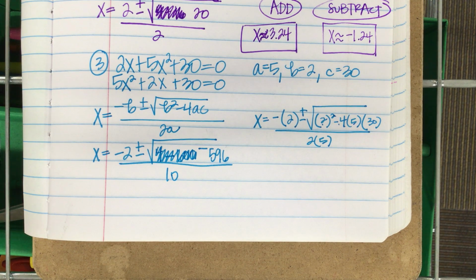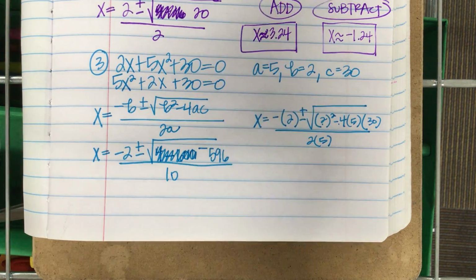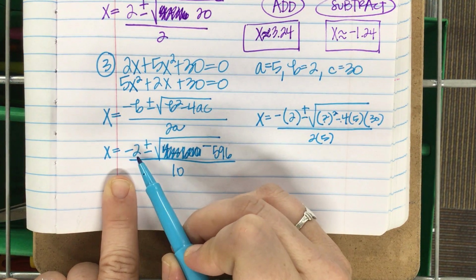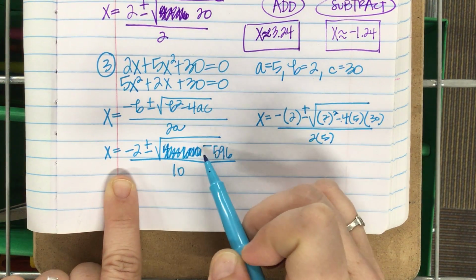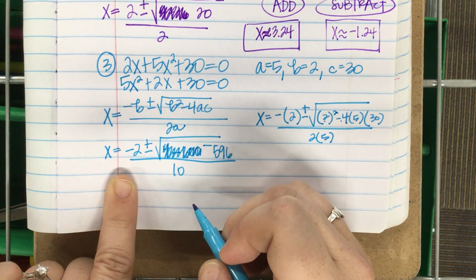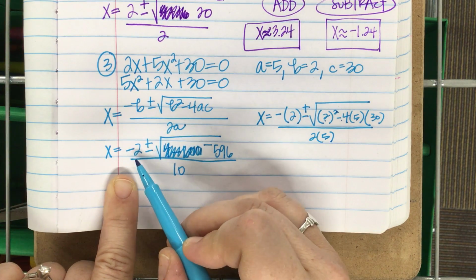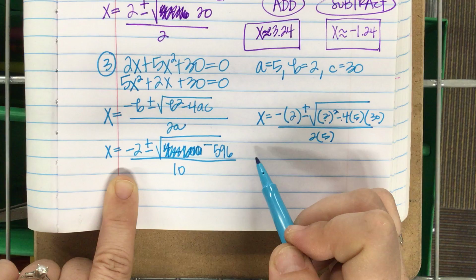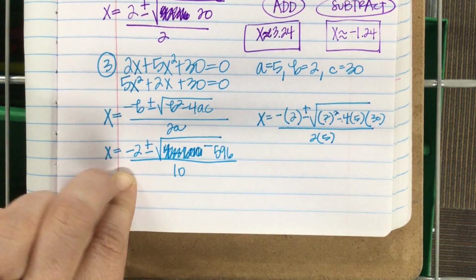Why? Because you can't have a negative. You put it in right, and when you type in negative 2 plus the square root of negative 596 and press enter, it says domain error.